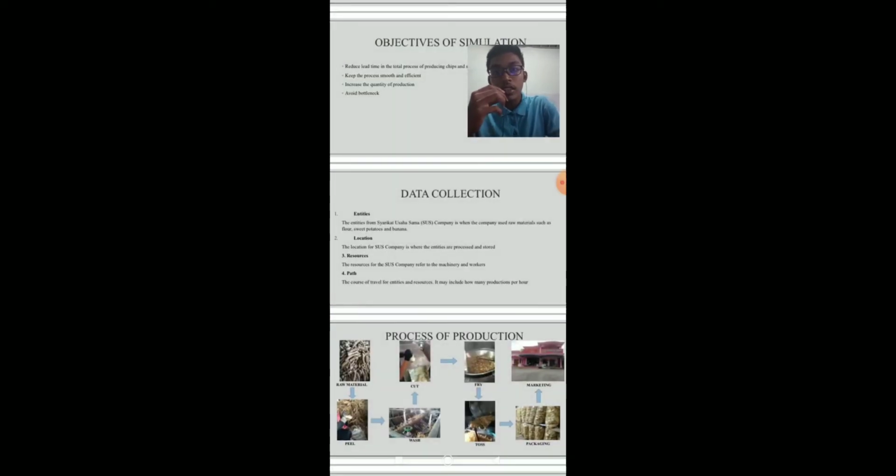Next, for the objective of the simulation: reduce lead time in the total process of producing chips and snacks.